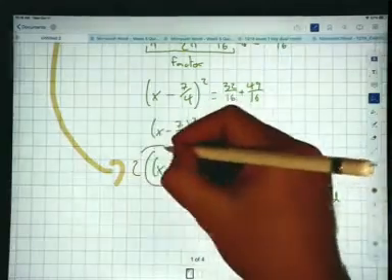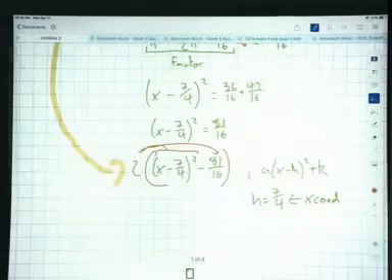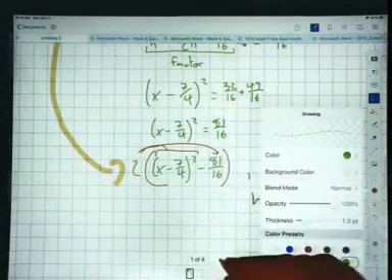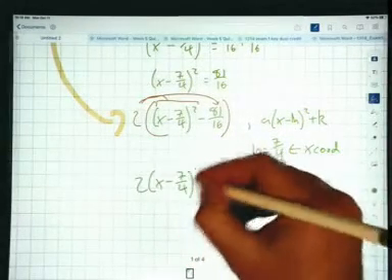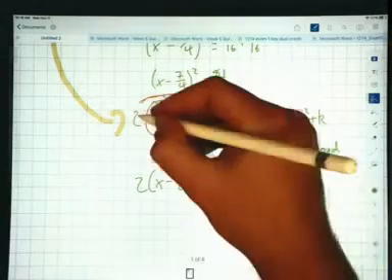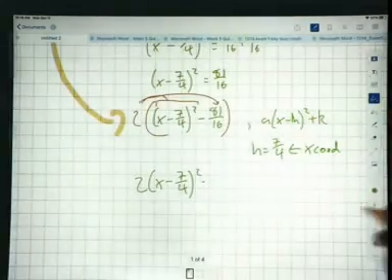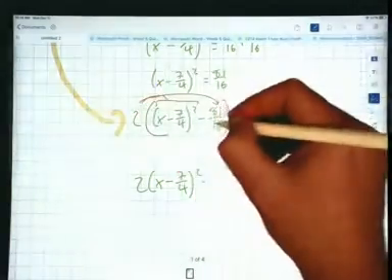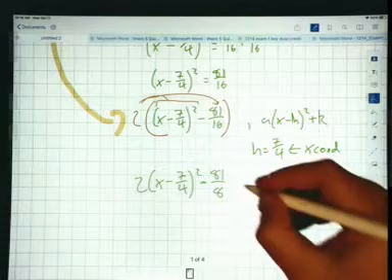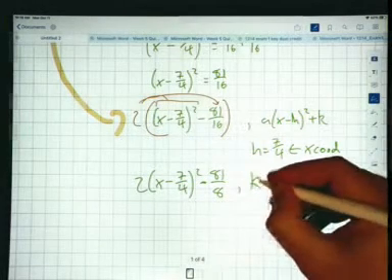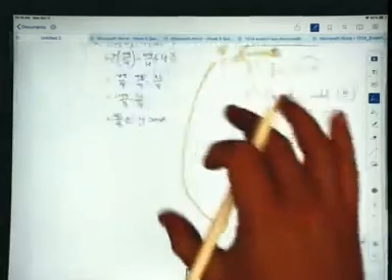So that 2 is going to go to this quantity squared, and it's going to go to this 81 over 16, and this is what you're going to get. 2 times the x minus 7 fourths quantity squared is equal to, well, minus, 2 on top divides with the 16, 81 over 8. And now we have our k equal to negative 81 over 8, which matches what we had right over here.